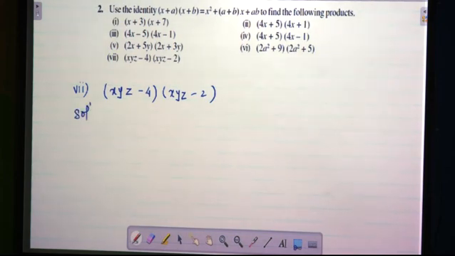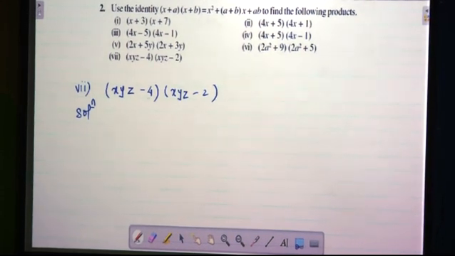Now, as it has been told to us to use the identity, which one? Identity 4. So, what is the value of x here? It is xyz. And what is the value of a? It is minus 4. And what about the value of b? It is minus 2.